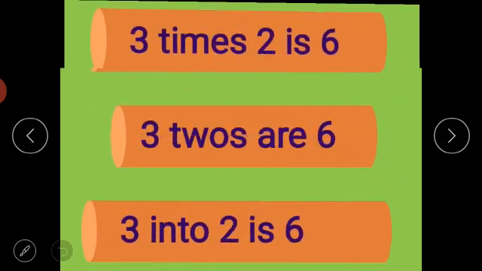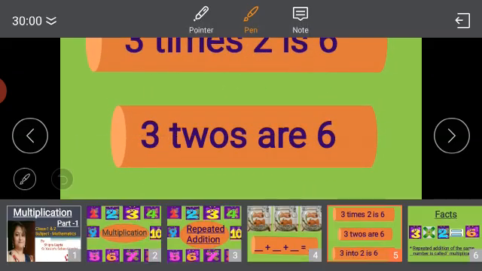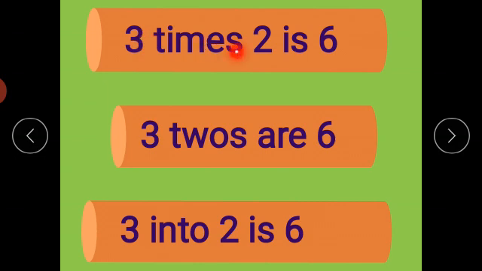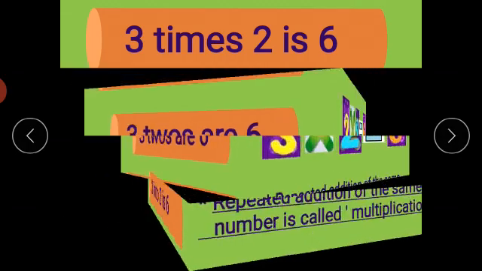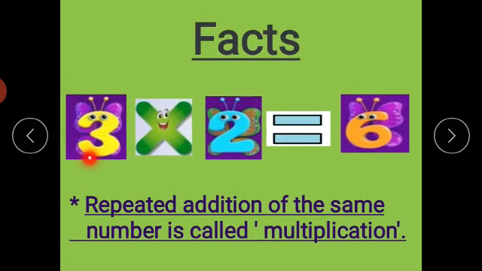Now, in this way, we can say that 3 times 2 is 6, or 3 2s are 6, or 3 into 2 is 6. So the fact is 3 multiply 2 is equal to 6. Otherwise 3 times 2 is equal to 6.